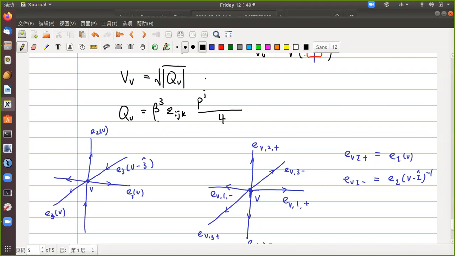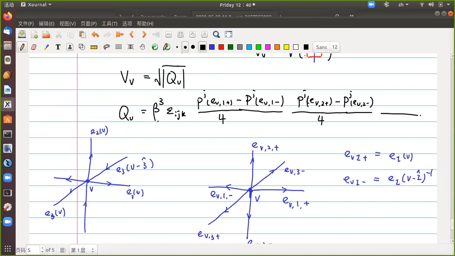It is an average of the flux in both the positive direction and the negative direction: V1 plus minus P K E V1 minus, and similarly for E2 plus. I have to squeeze the space.